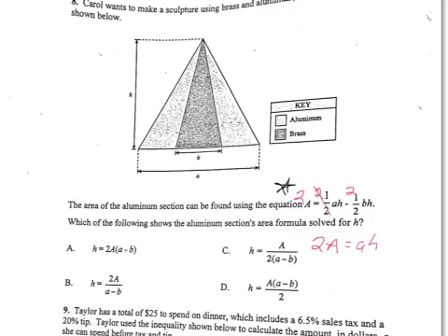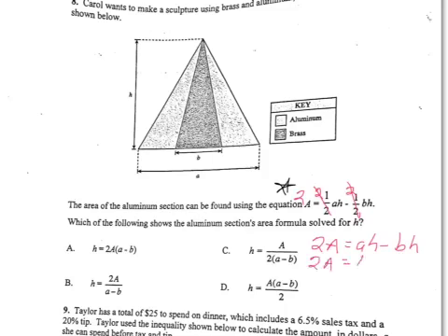leaving me with AH minus, and again these 2's are going to cancel as well, BH. Now remember, again, we're solving for H, and H appears twice on the right side, and so I can factor that H out because it's a common factor on the right side.